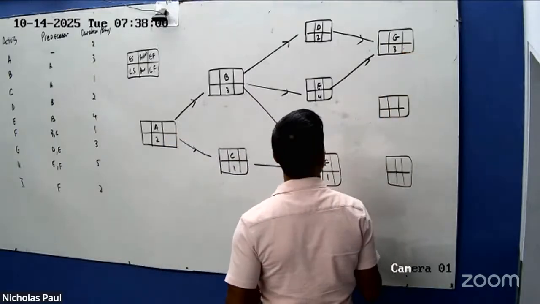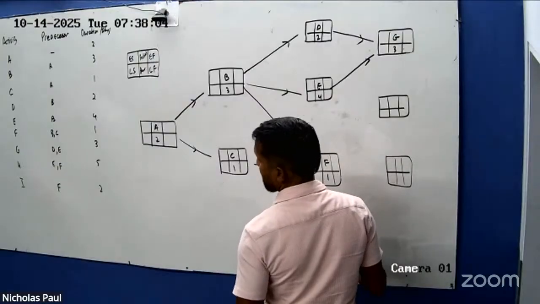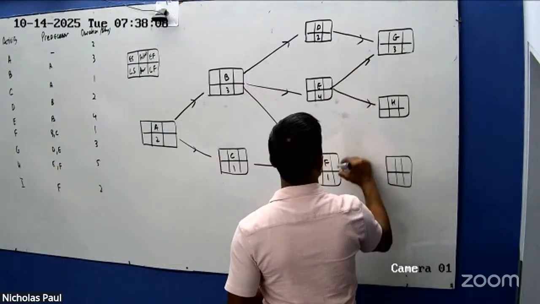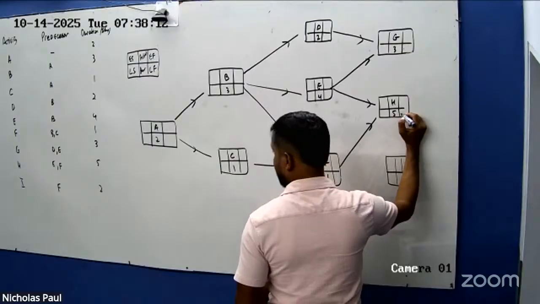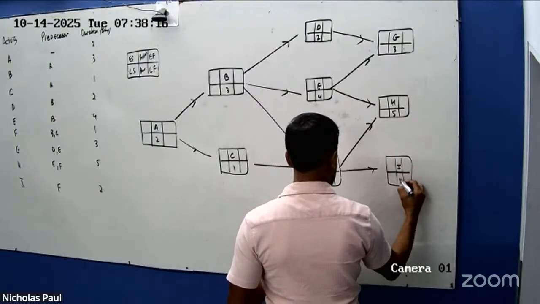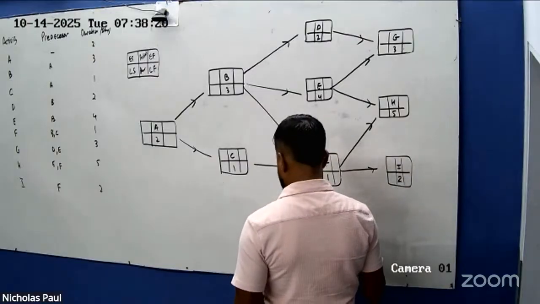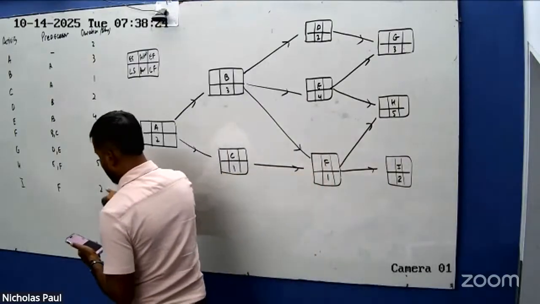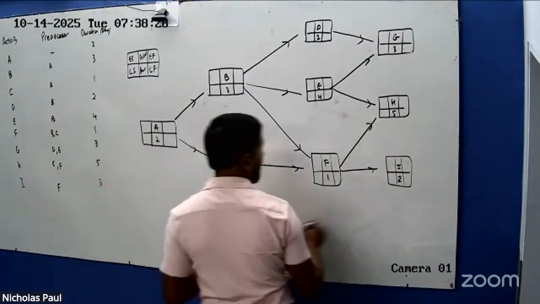And then H is dependent on E and F, and H took 5 days. And I is just dependent on H. Did I make a mistake? Yeah, I wrote the wrong thing. I took 3 days.